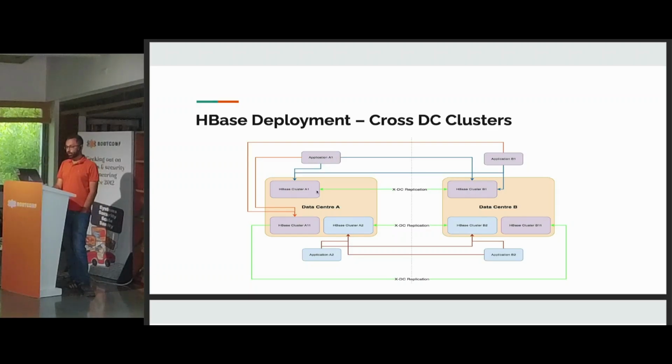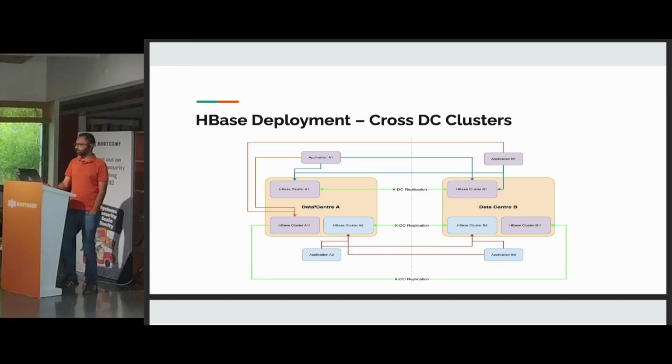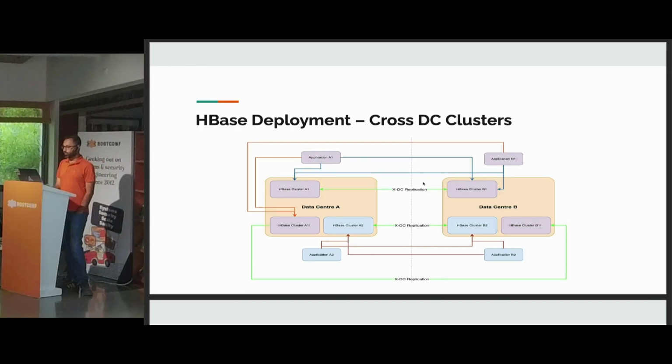And then application A1 also talks to cluster A11, right, which is an extension of A. I'll talk about the real world scenario in a bit, right? So here A11 is replicating to B11. A11 and B11, these two are equivalent. A1 and B1, these two are equivalent. They have the same data. A2 and B2, these two are equivalent, right?